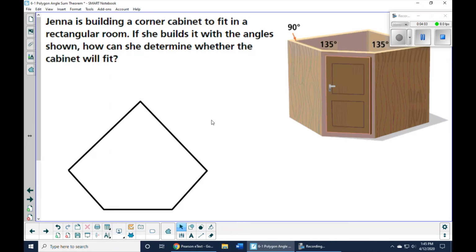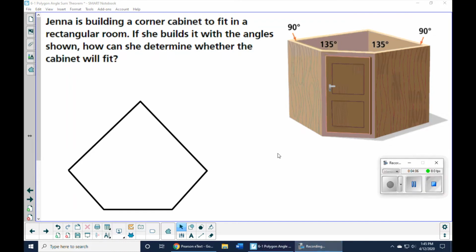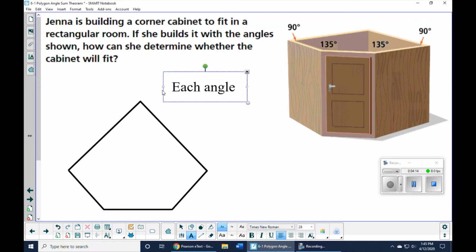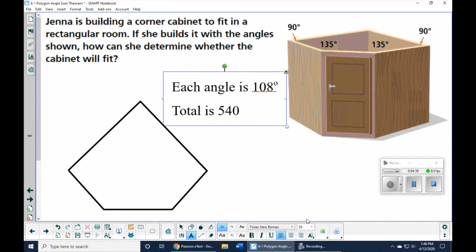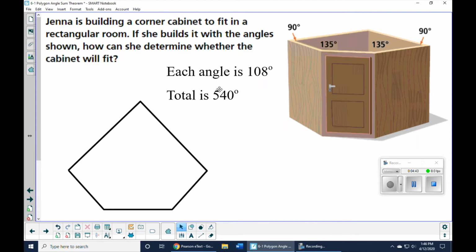Here's an example. Once again, we have a pentagon. We saw from the last example that each angle is 108 degrees, but we know more, so that means our total is 540 degrees. Here's what we're going to use that for.